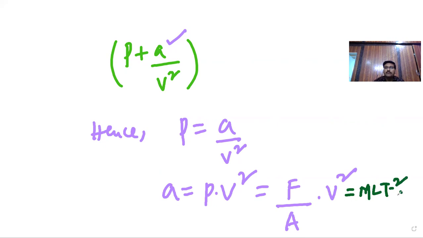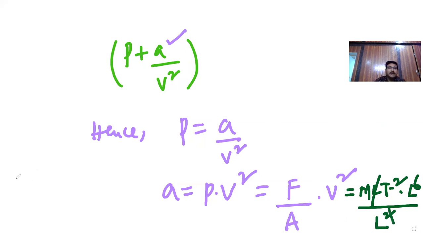Volume is L cube, and volume square is L to the power of 6. And this is area. Area is L square. So one L in the numerator and one in the denominator goes out.